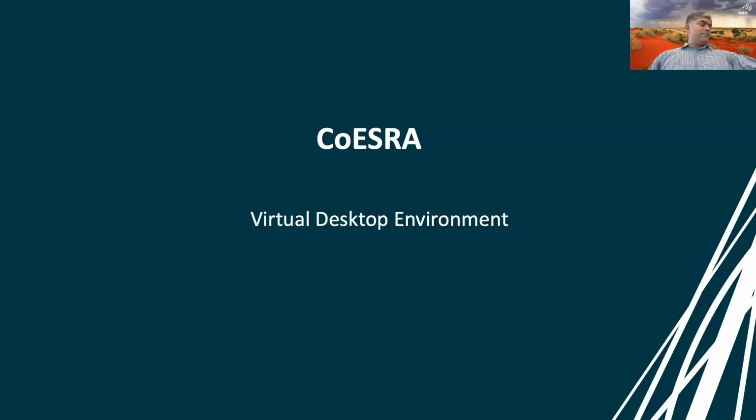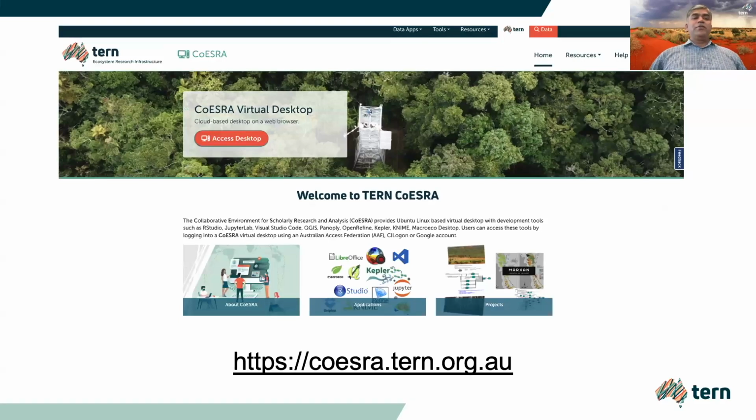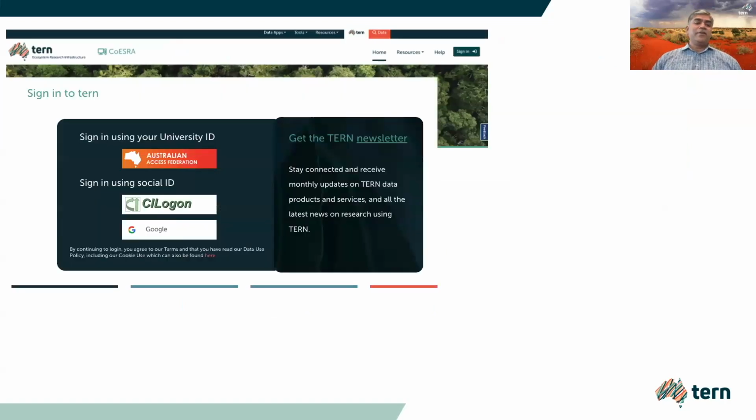Okay, so quickly I will go through the virtual desktop environment that we offer. This is a cloud-based virtual environment where you just come to the Coesra and log in using your credentials, whether your university one or a Google account.